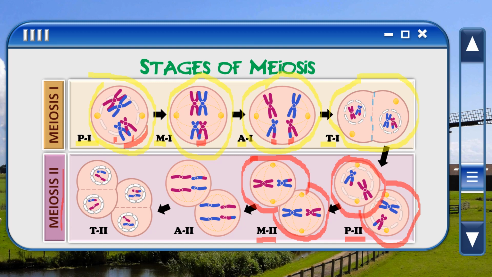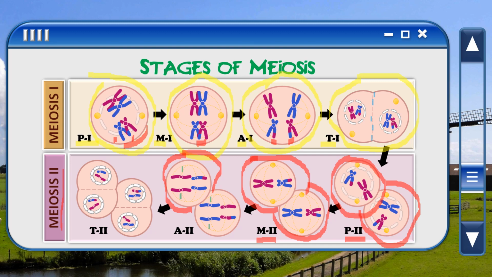Now, when we go to anaphase 2, you will see that each chromosome is dividing itself. The sister chromatids are dividing, one chromatid going to one side and another chromatid going to the other side, moving to different poles.